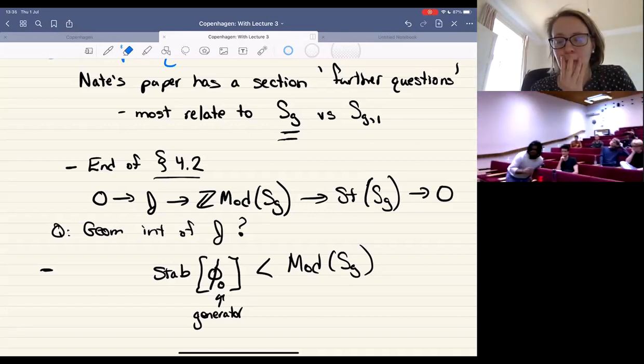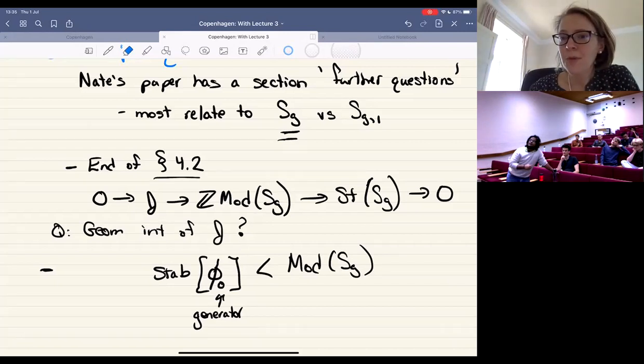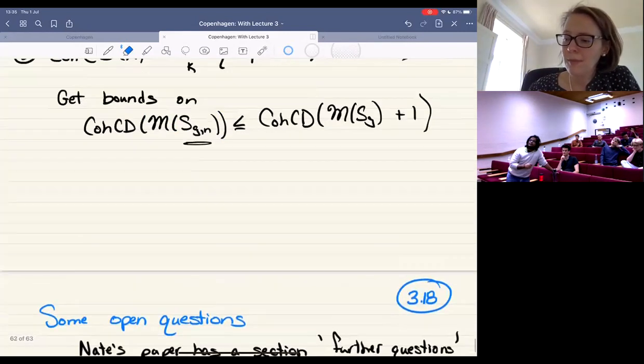Is there any natural surjection from this unmarked moduli space to marked moduli space? You were mentioning this bound of the cohomological dimension. So do you have any surjection from the unmarked points to the marked points?